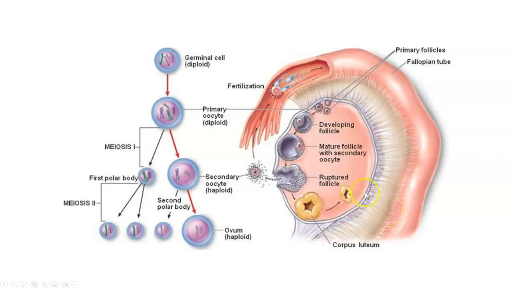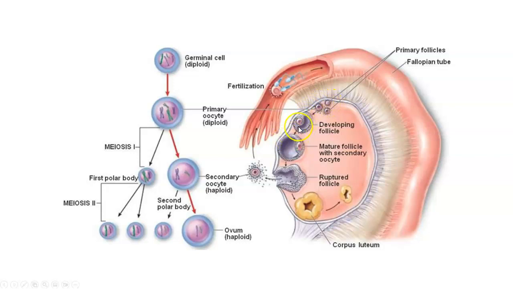Now, as we've said, this formation of sex cells, ova, occurs in the ovary. This is one of the ovaries supported by ligaments, and this is the oviduct or fallopian tube. Here we have these immature egg cells which will develop and grow.